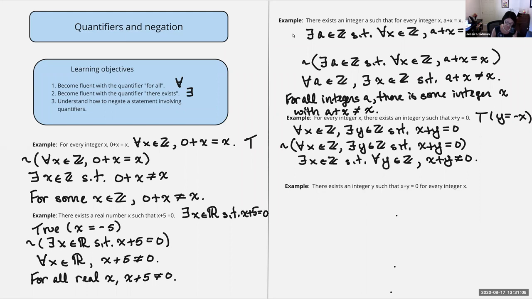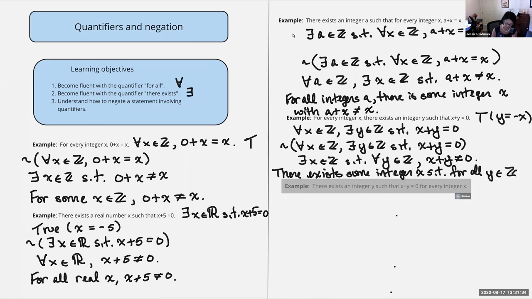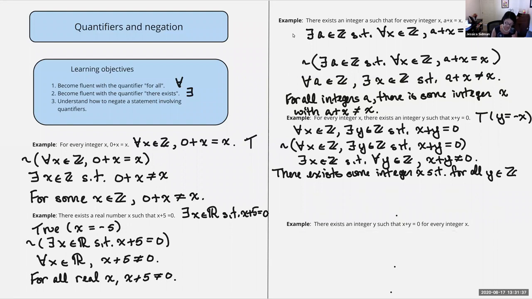So I could rewrite that in words as: there exists some integer x such that for all integers y, x plus y is not 0. All right.